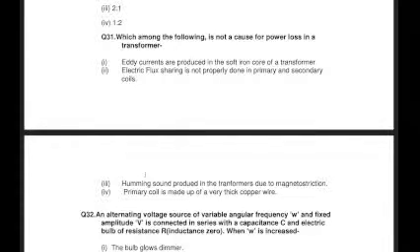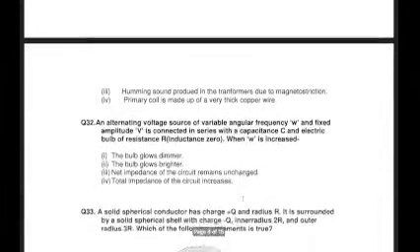Humming sound produced in the transformers due to magnetostriction. 4. Primary coil is made up of a very thick copper wire. Correct. The option is 4. Primary coil is made up of a very thick copper wire.